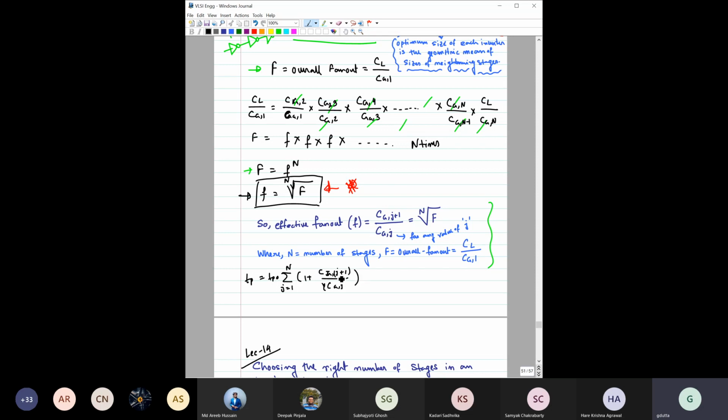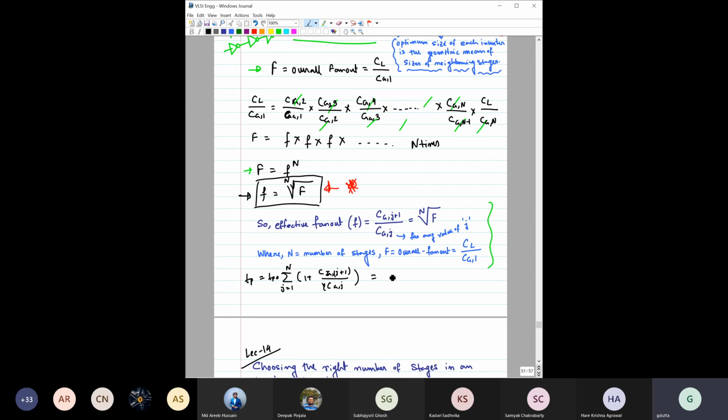Now we have also seen these factors, if you just keep on adding, and this is the summation, right? There are n stages, so obviously you will have n terms here, and this will result in what you can see from here. This is actually the nth root, so it will be n times the nth root.